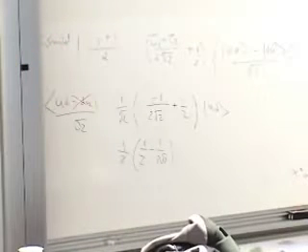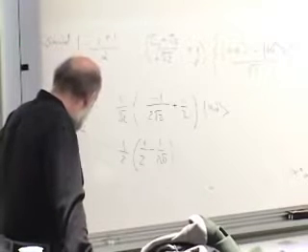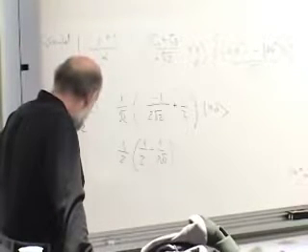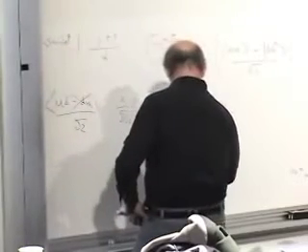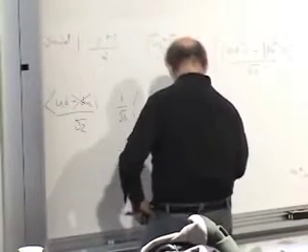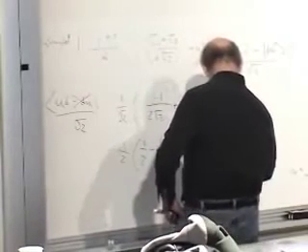Anybody can do numbers quick in their head? 1/4 of the square root of 2 minus 1 over 2. Yeah, 1/4 of, what do you have, 1 minus 1 over square root of 2? Is that right?